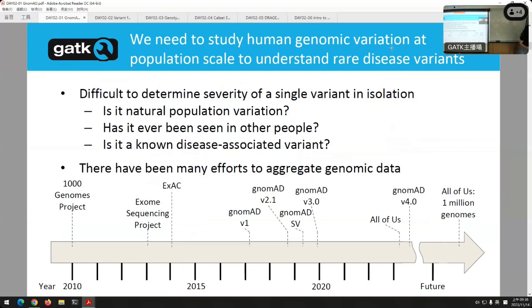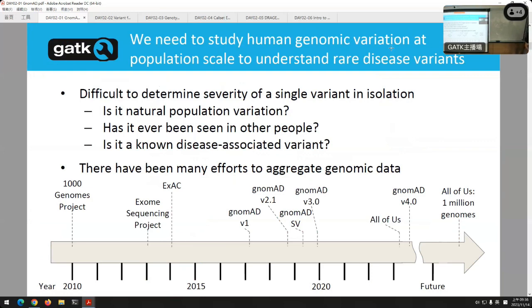So over the years, there have been many efforts to aggregate large data sets of human genomes. This timeline starts in 2010 with the 1000 Genomes Project, and then it shows a selection of some of the projects that have gone on up until now.